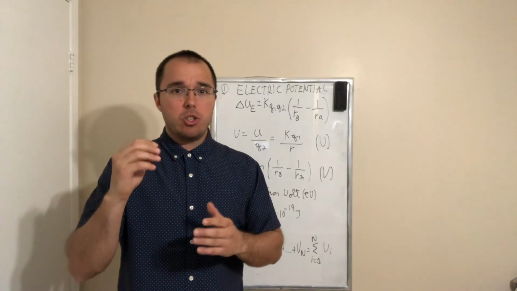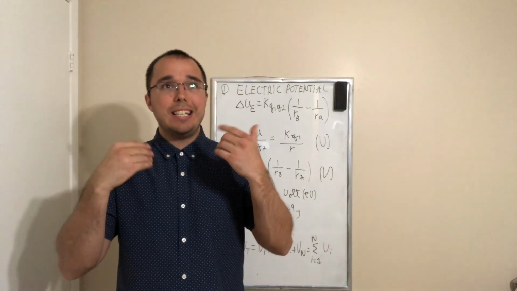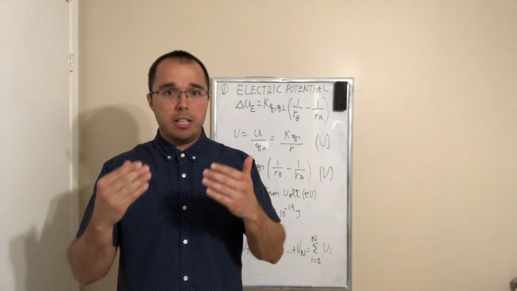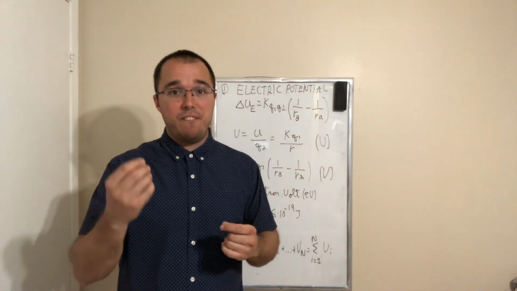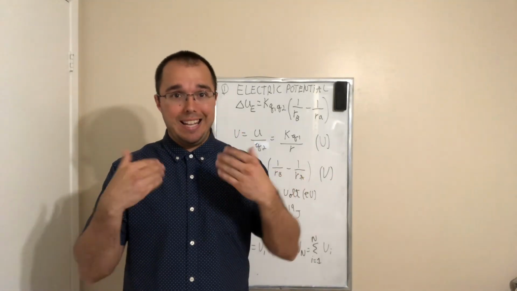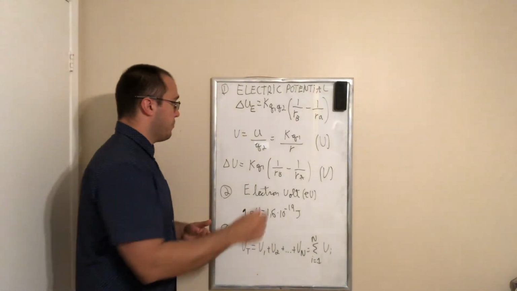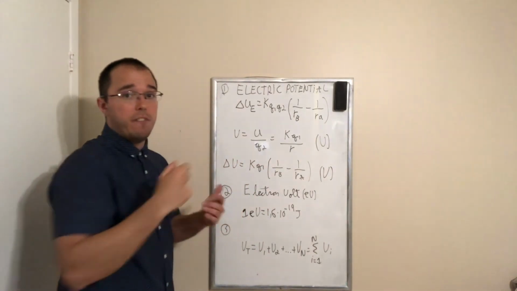So the electric potential is to give us an idea of, to easily calculate the electric potential energy at different points in space without knowing in advance what will be the total charge that is going to be moving in that space. So basically, the electric potential uses the letter V, V for voltage.